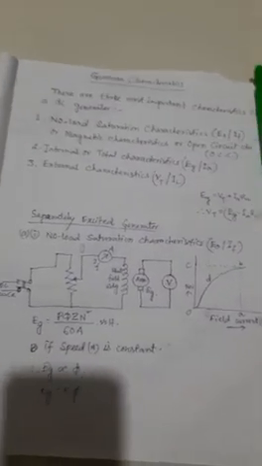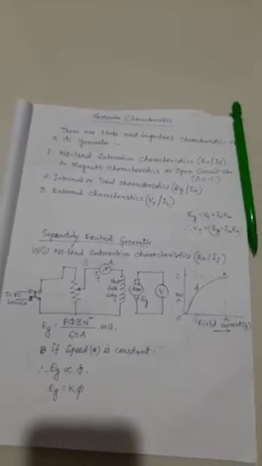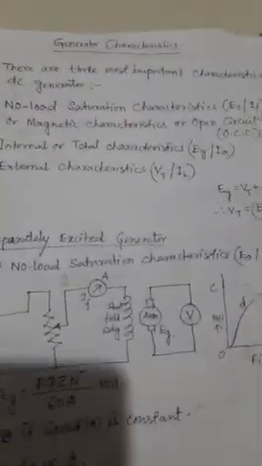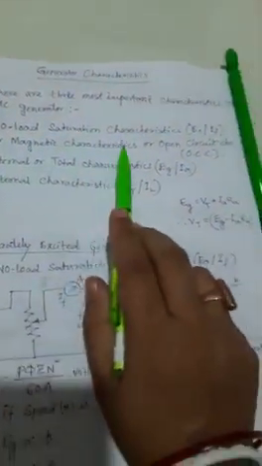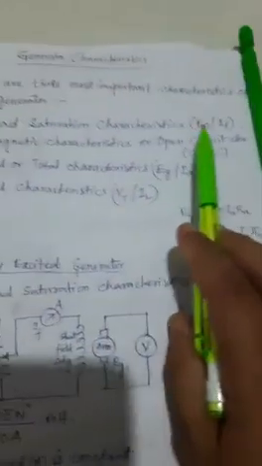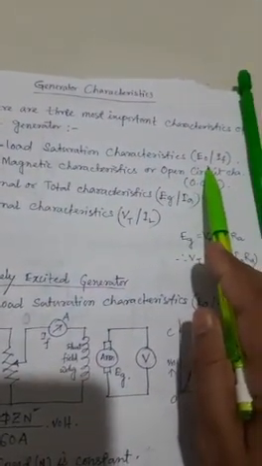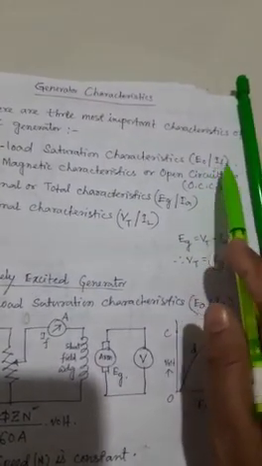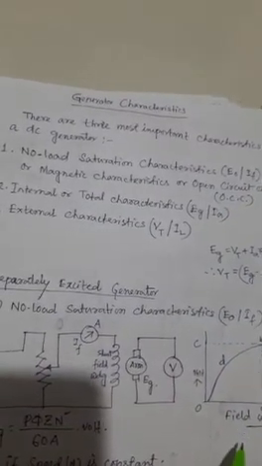There are three most important characteristics of a DC generator. The first one is the no load saturation characteristic. It is a graph between E naught, the no load induced EMF, and IF, the field current, that is ISH or field current.